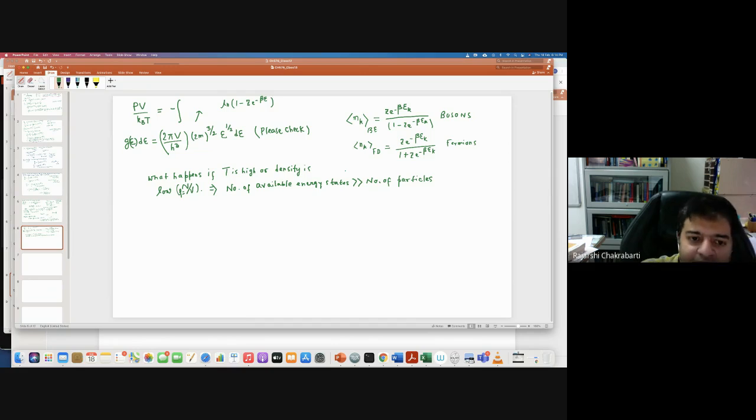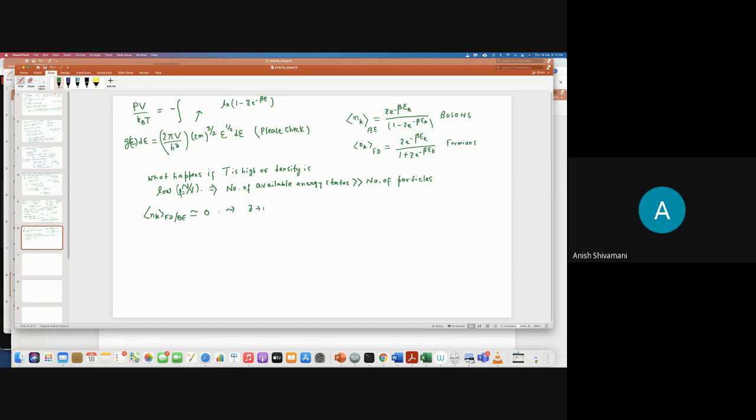So in that case, your nk average, it doesn't matter, Fermi-Dirac or Bose-Einstein, will be 0. So this is possible when? This is actually the case where your Z, this fugacity, goes to, tell me, 0. Goes to 0.